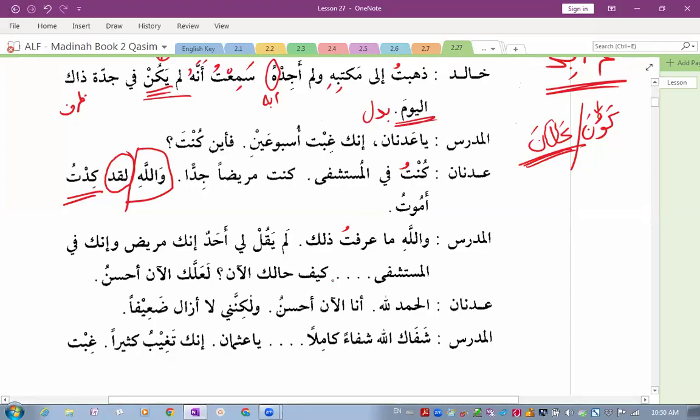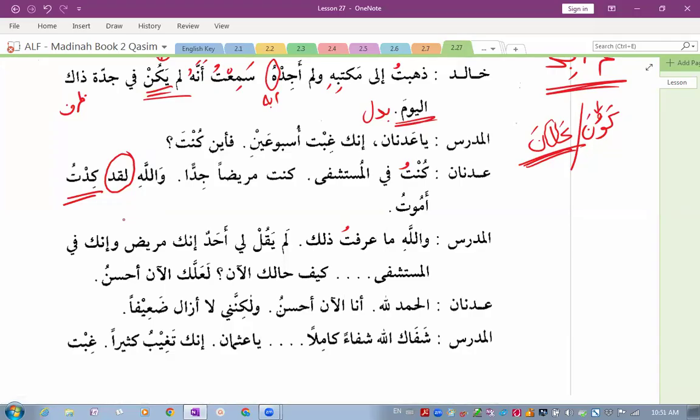By Allah, I did not know that. Wawul qasam, Allahi ismun majrur, ma harfu nafi, araftu fi'l madi, tu is the fa'il, zalika is the maf'ul bihi. Lam yakul li ahadun.